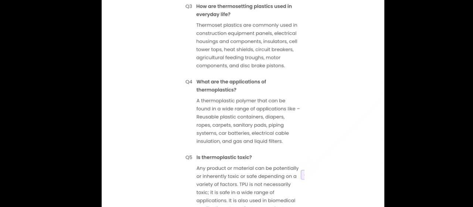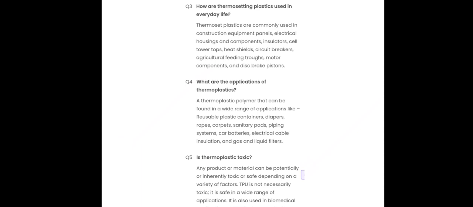And the final question, is thermoplastic toxic? The answer is that any product or material can be potentially or inherently toxic or safe depending on a variety of factors.